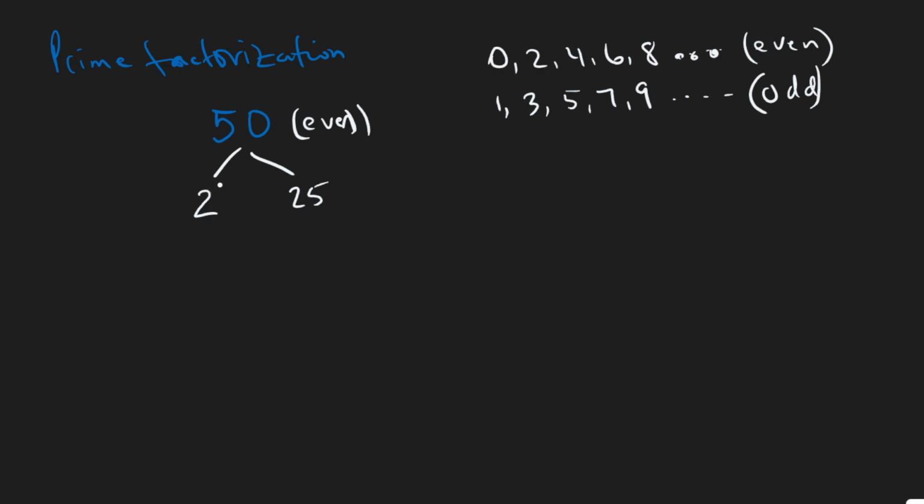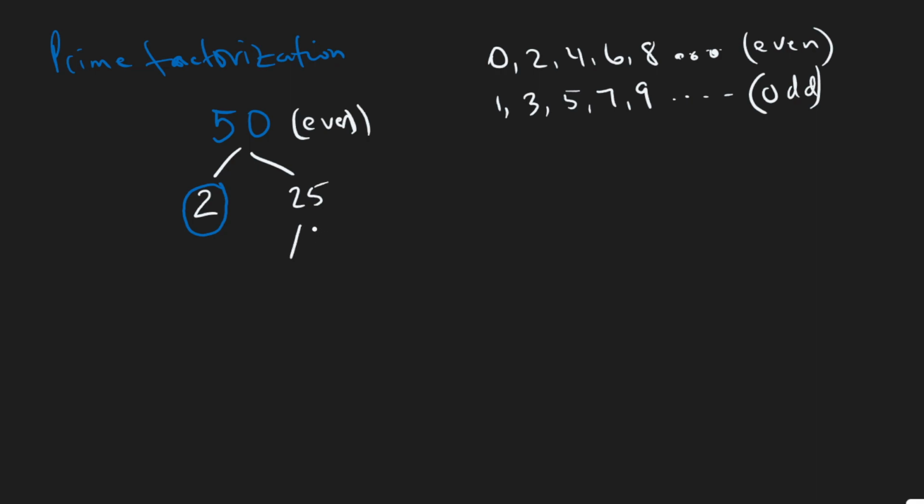Every time you find a prime number, you circle it, because you will use it. We're going to work with the 25. 25 is not a prime number. It's a composite number, and we keep working with it until we hit prime numbers.